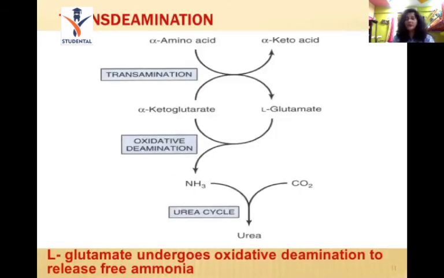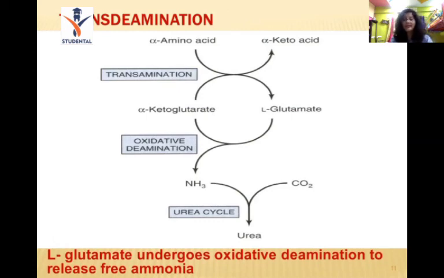Now this slide shows that for catabolism of any amino acid, deamination is required, and this removal of ammonia from the amino acid takes a couple of reactions. Like you can see that transaminase is an enzyme which is present in the cytosol of almost every cell, and by the process of transamination, all ammonia is concentrated on the glutamate.